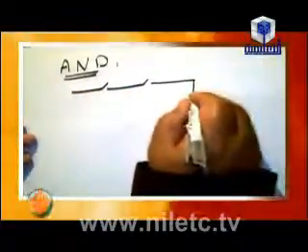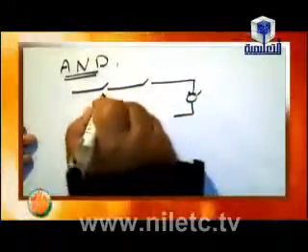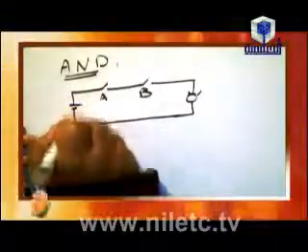The inputs are A and B, and this is the AND gate.